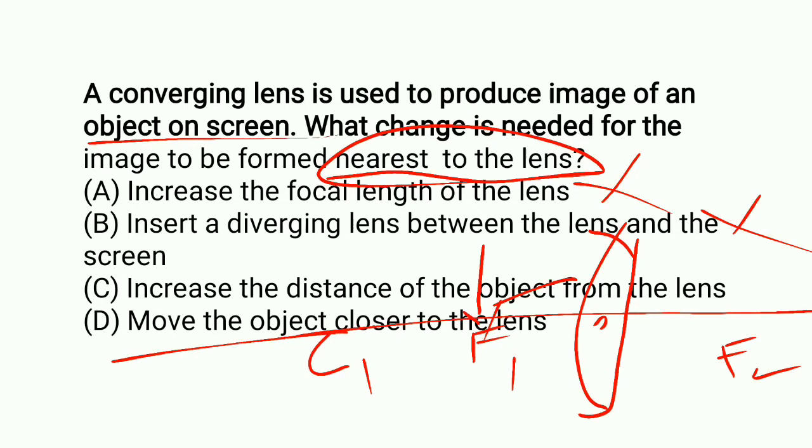If we keep it beyond C1, the image is going to form between C and F, right? So here, in order to form the image near to the lens, you have to increase the distance of the object from the lens. So here option C is the correct answer.